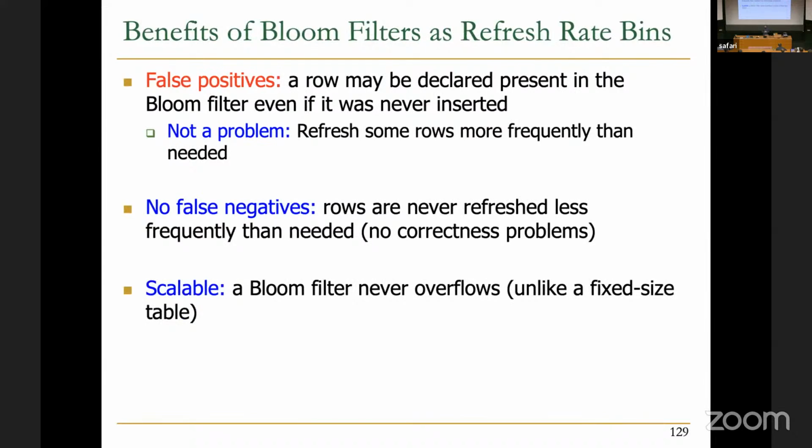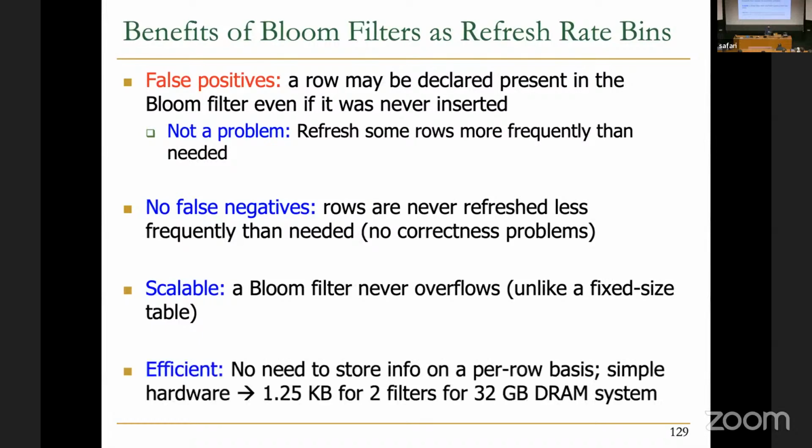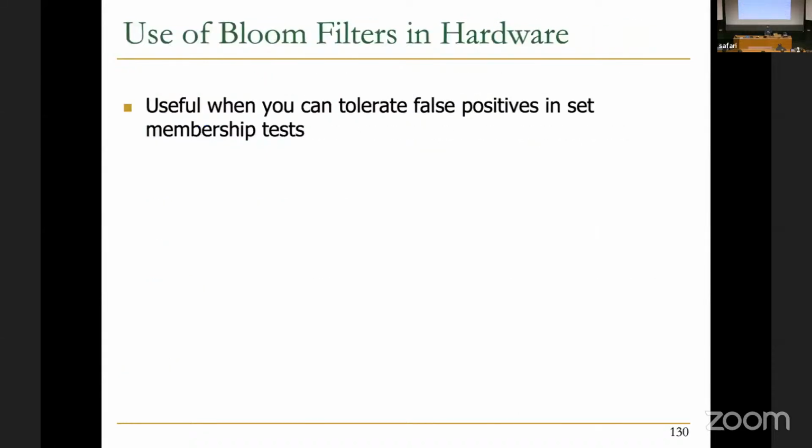It's quite scalable because a Bloom filter never overflows, unlike a fixed size table. So you can put more rows inside the same size without changing the size of the Bloom filter. It just reduces your accuracy; it can give you more false positives. It's quite efficient. In this work, for 32 gigabyte DRAM chips' rows, we only need 1.25 kilobytes of metadata stored in these Bloom filters.